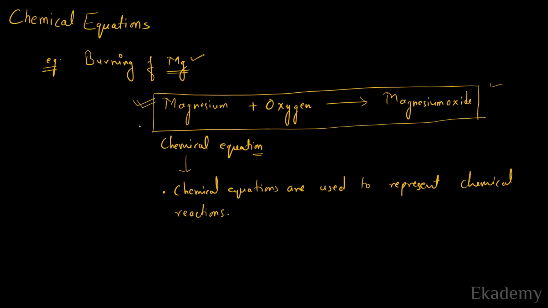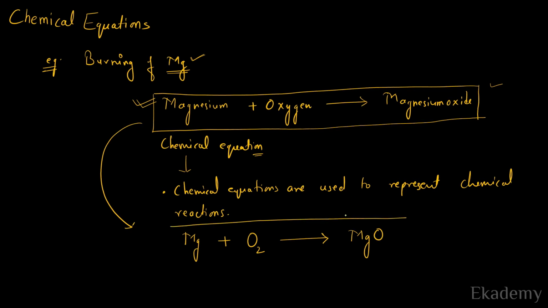So another way in which this reaction can be written is, for example, the symbol of magnesium is Mg, oxygen gas is O2, and when they combine, they form magnesium oxide, which is MgO, right? So this is another way to write the same equation using symbols and formulae.